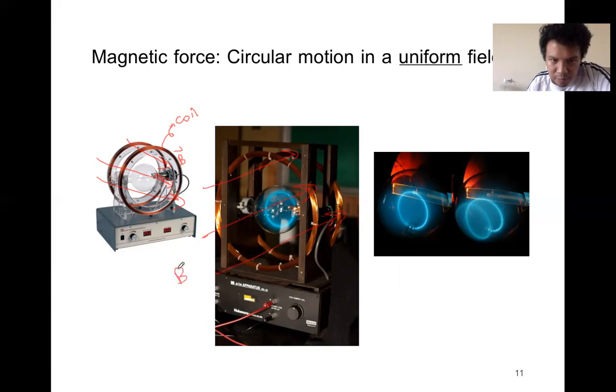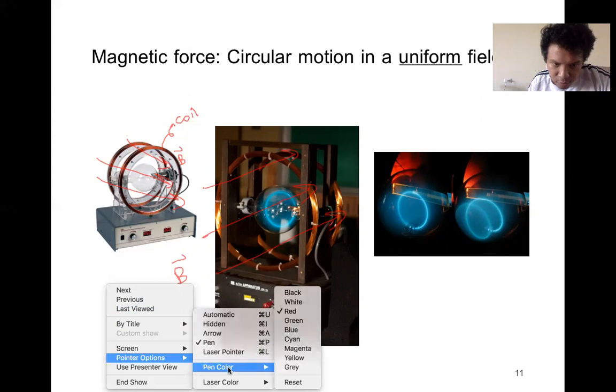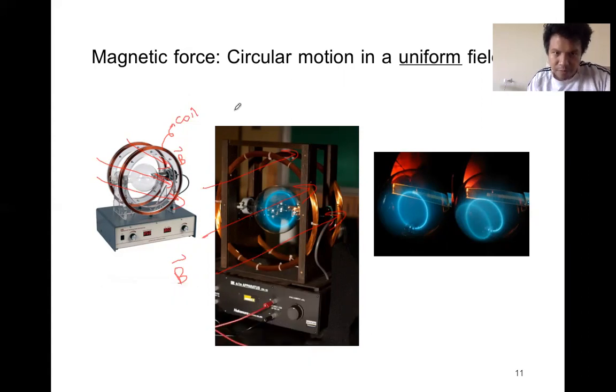And then when we try to eject the electron, the electron beam is in blue. The electron will travel in one direction.